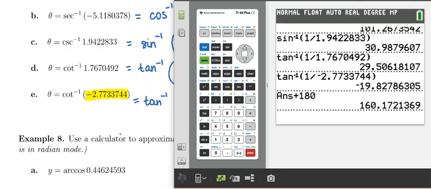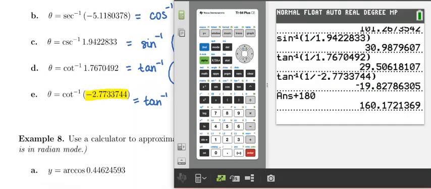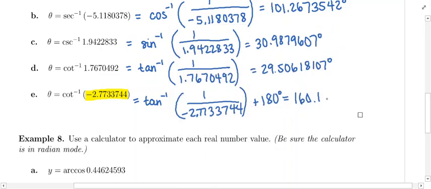So this angle measures 160.1721369 degrees. These were lots of examples of doing degree angles.